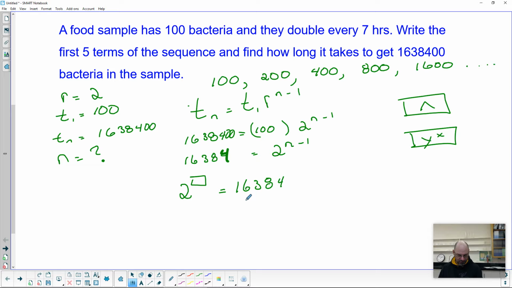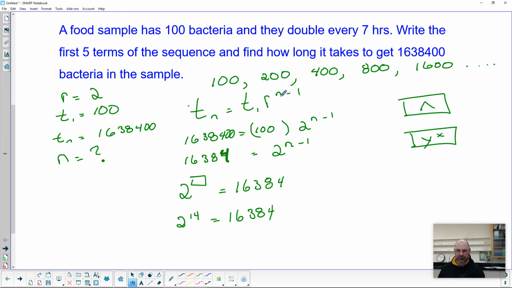So we go 2 to the power of, okay, we were on, I guess, probably, let's try 14th. 14 works perfectly. There we go. So 2 to the power of 14 is our 16,384. So that means that 2 to the power of 14 equals this number.